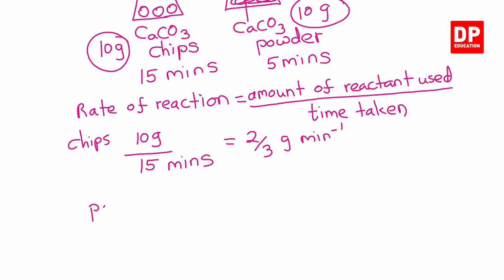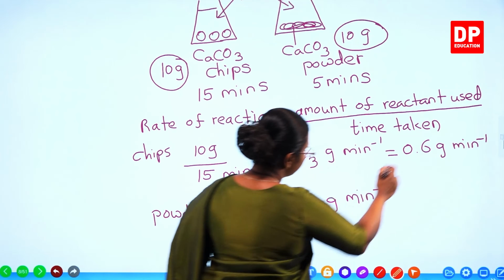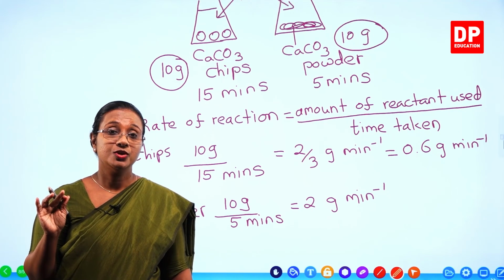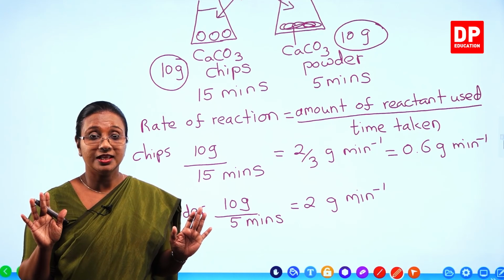Whereas for powder, it's 10 grams divided by 5 minutes. That is going to be 2 grams per minute. Now if I calculate this also, this will be about 0.6 grams per minute. So when you look at the two, you know which is fast, which is slow. So here we can confirm and say. That is the important thing.